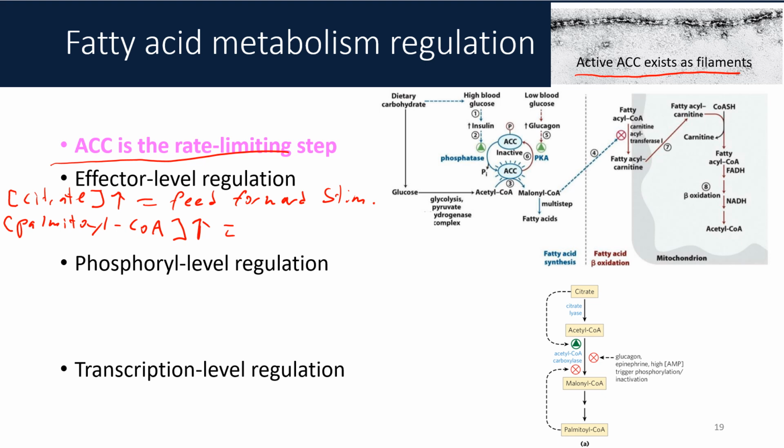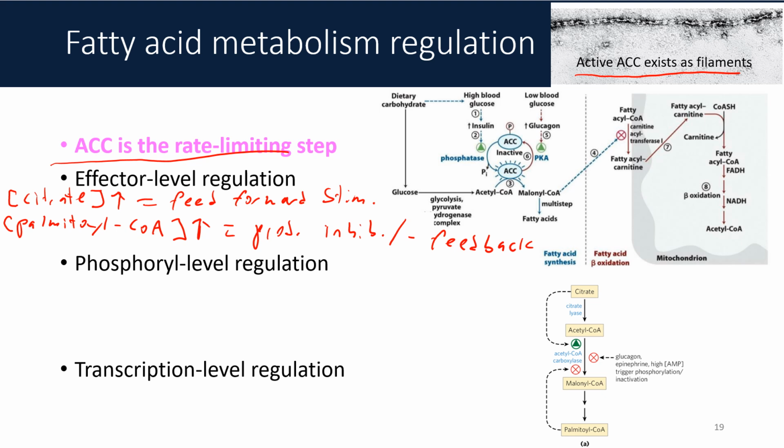This is an example of product inhibition or negative feedback. Making lipids, after all, requires a lot of energy. If the body doesn't have the energy to ship off these fatty acids elsewhere, it makes sense to slow things down.